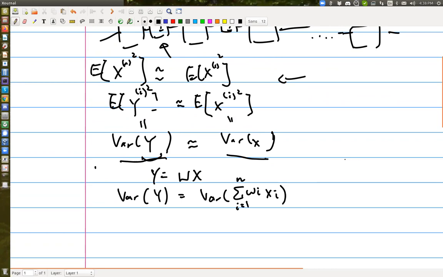So basically what's going on here is I have several of these, W1, W2, this is a weighted sum up to Wn, and I have X1 up to Xn here, right? I got the Y here.